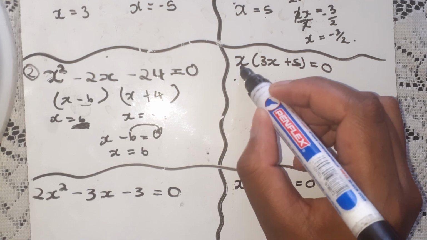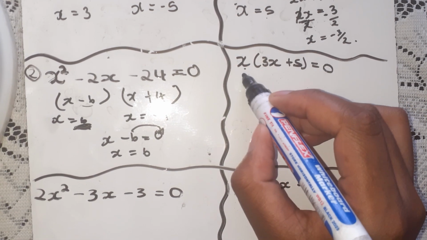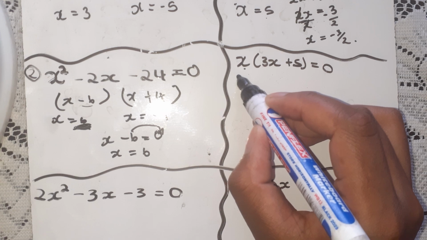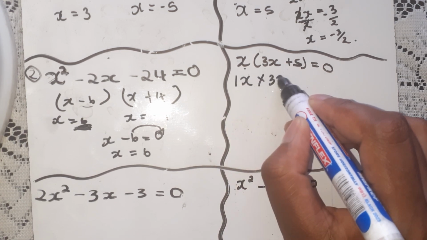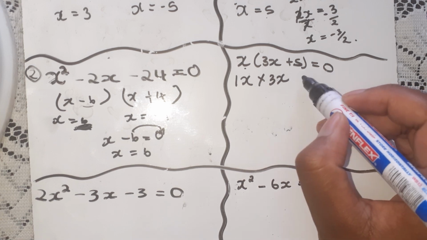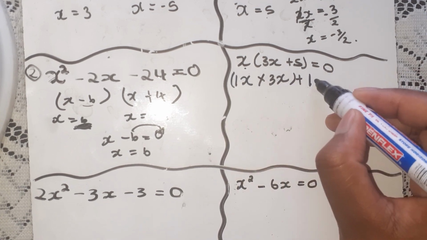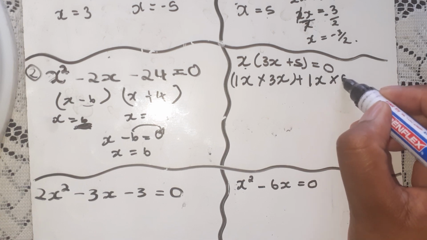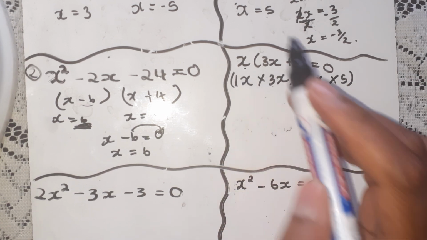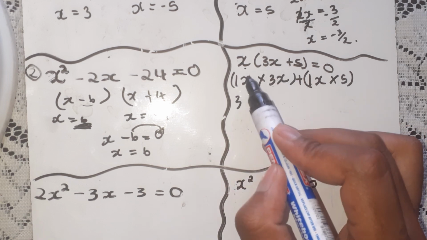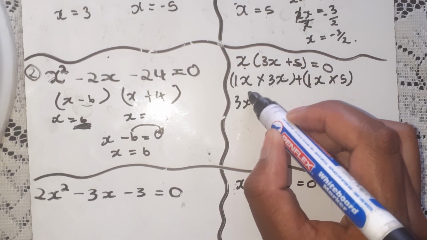We say here this x will multiply the whole bracket. So we say 1x multiplied by 3x plus 1x multiplied by 5. 1 times 3, we have 3. x times x, we have x squared. This 1 is 1.